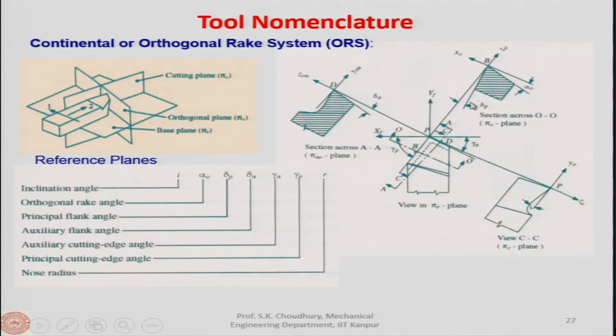Now, another plane we will take. Here we will hatch it because this is the sectional view. Whereas in CC this was a view, as I said, like seeing the tool from here perpendicular to this.